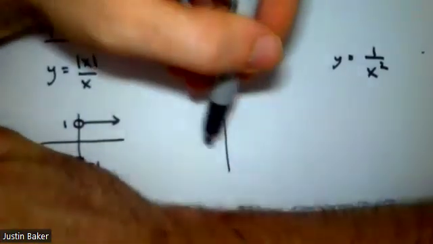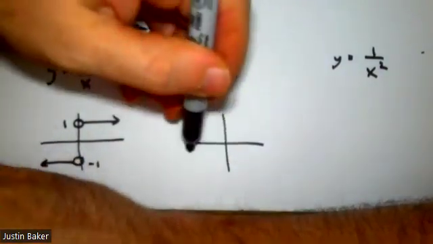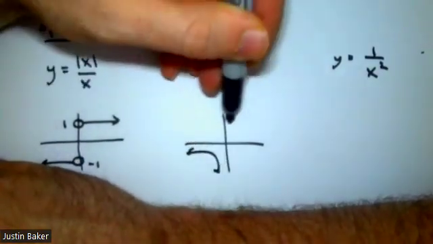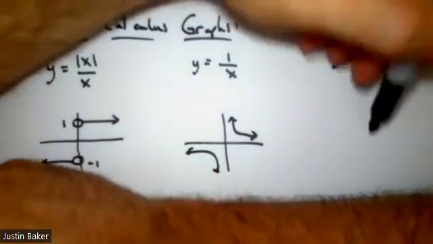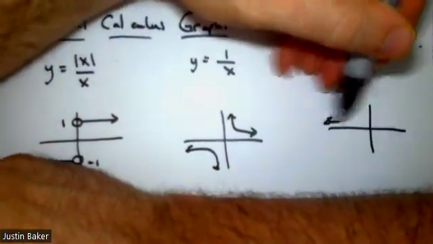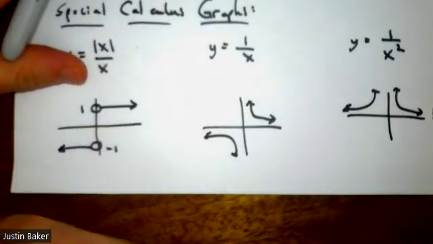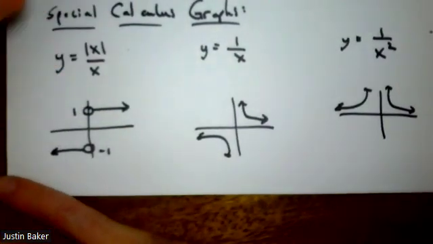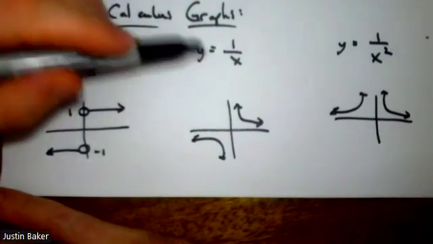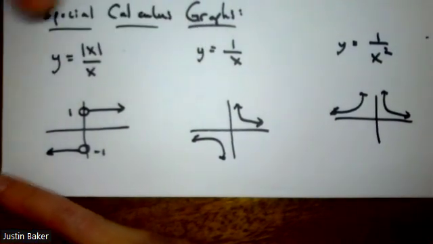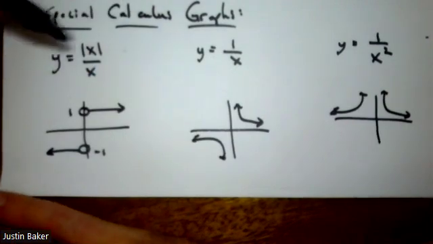This second one, this is 1 over x. It looks like this. And the third one looks like that. Now, these are very unofficial names, but we always in class kind of struggled to identify. People wouldn't remember 1 over x, so we came up with a name for them, just an unofficial name.